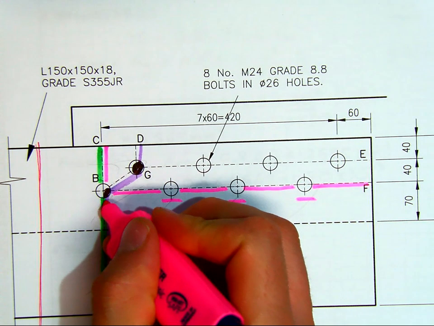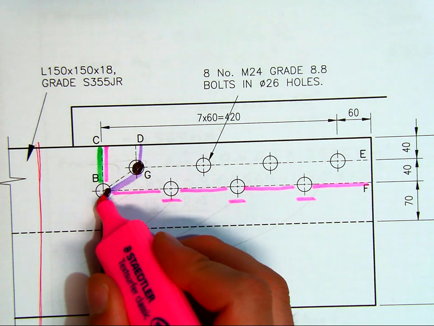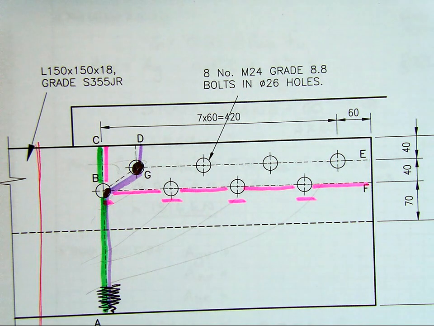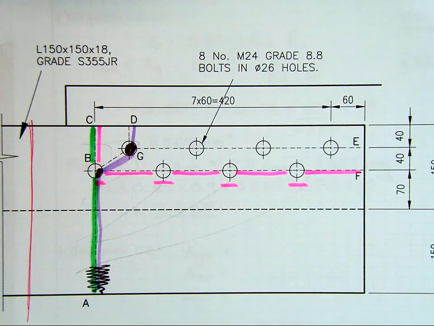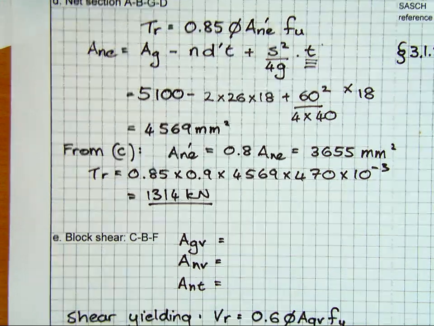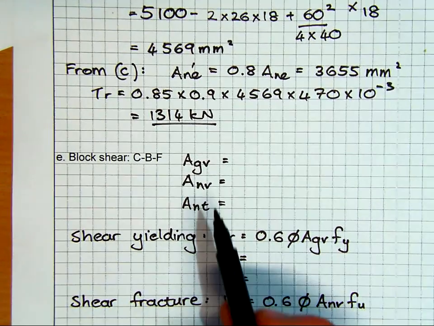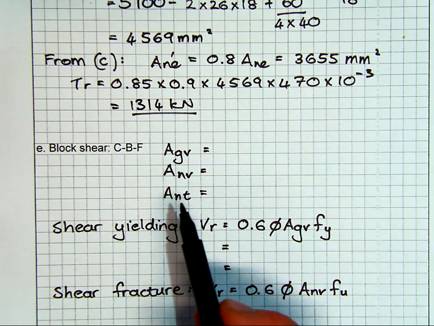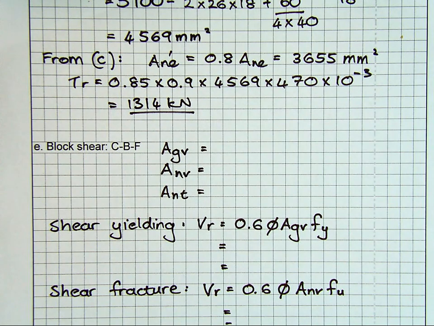So you'll see there's 3.5 bolts that pass all the way through this failure line when we get the areas that we're calculating. So back to our calculations, I need a gross area in shear, a net area in shear, and a net area in tension, which we will work out.